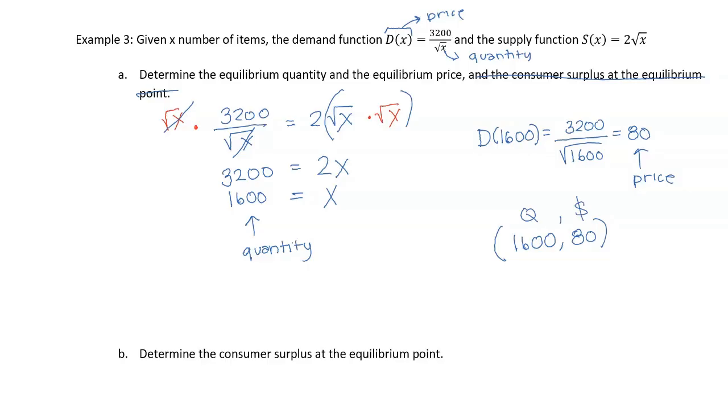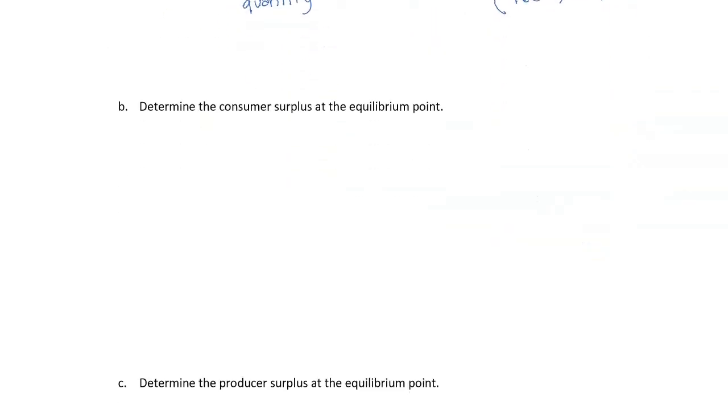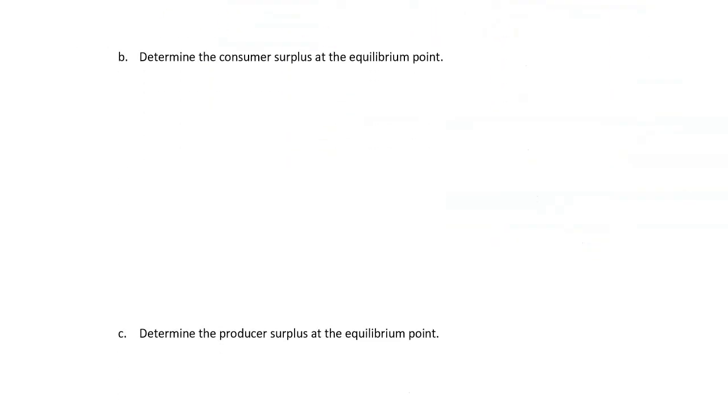All right, the next problem says to determine the consumer surplus. The consumer surplus is going to be the antiderivative from 0 to the equilibrium quantity of 1,600. Then I want to find the antiderivative of the demand function.